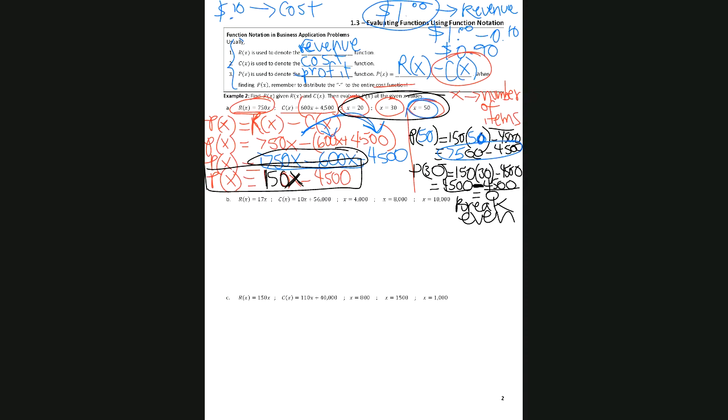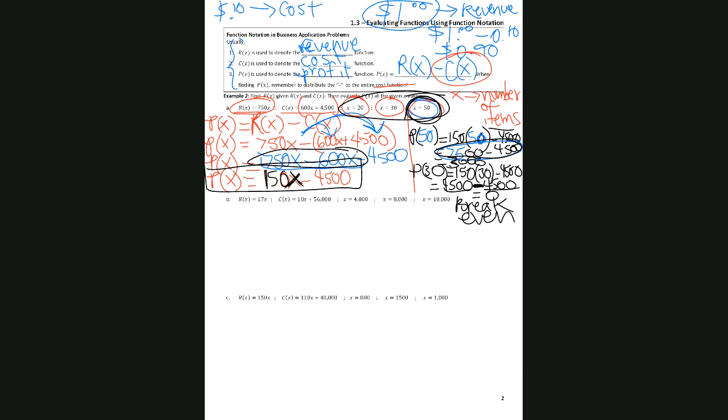So after we subtract those two numbers, we will get 3,000. So I'm talking about 7,500 minus 4,500, and we get 3,000. So that will be the profit of 50 with 50 items. Now, let's go ahead and move on to our next part, part B.